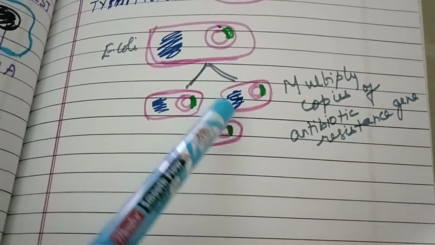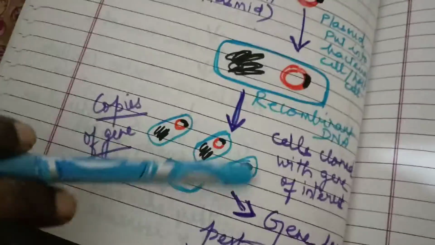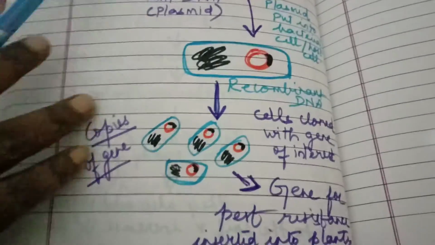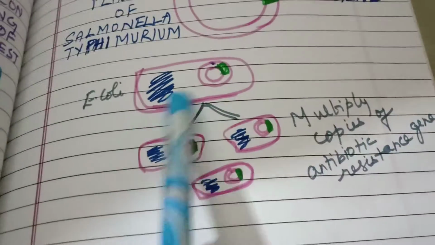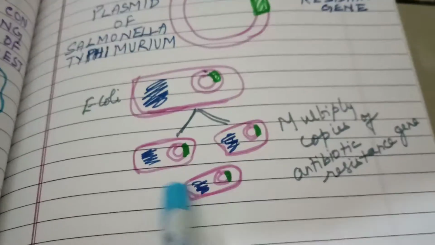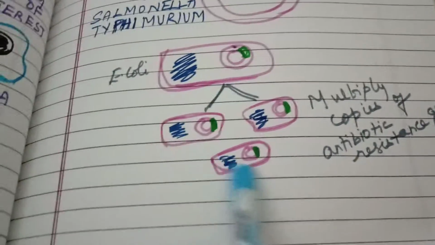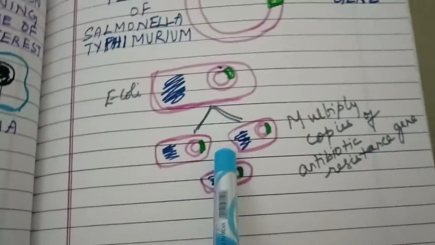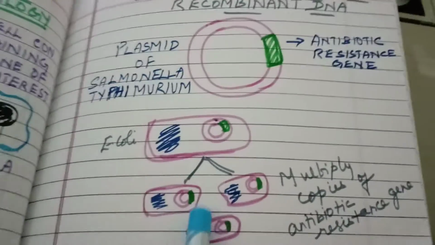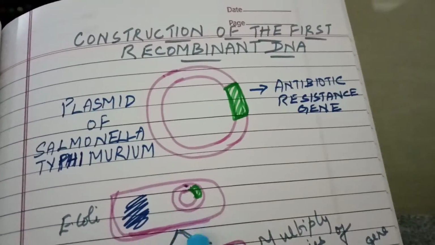This is known as cloning. Here also we saw the same thing, cloning, but with a different encoded gene. Like that, you can have many genes of desirable traits. This replicates and gives more identical copies of the antibiotic resistance gene. So today the construction of the first recombinant DNA was done like this.